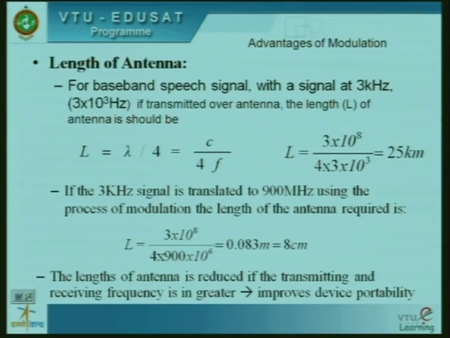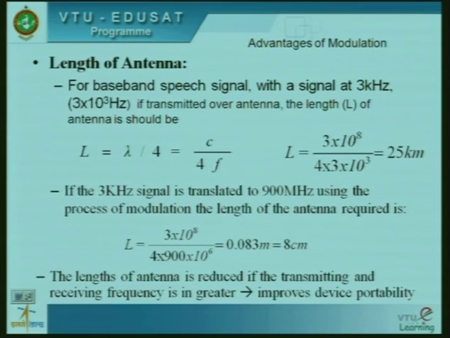If you translate this frequency from 3 kilohertz to 900 megahertz, I have just done a simple calculation, you find that once the signal is translated from 3 kilohertz to 900 megahertz, as the frequency keeps increasing, the length of the antenna reduces.